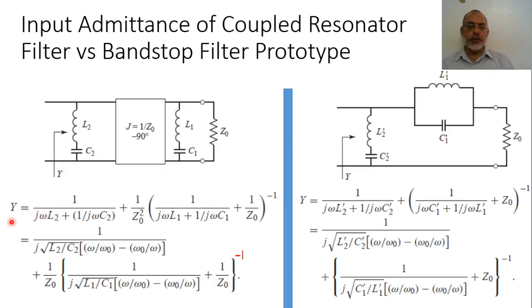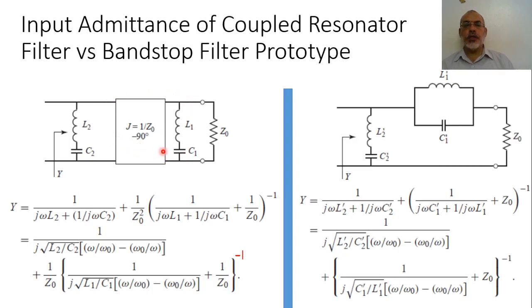It can be seen that the main structure of the input admittance in the two cases is the same. This means that this circuit can be equivalent to this circuit. Or in other words, this circuit can be used as a band stop filter.